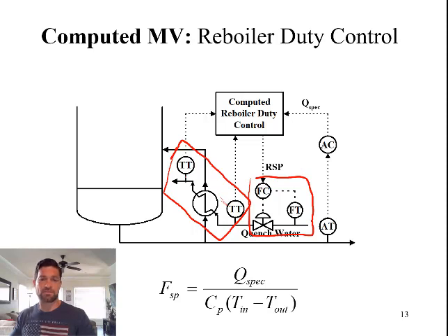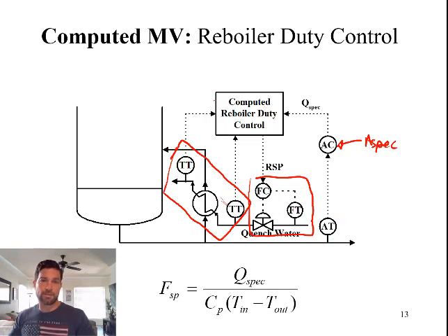So if we measure both of the temperatures, we know the flow of the quench water required to give the necessary heating. Again, for my feedback control loop, I need a specified flow. I want to note that we could just measure the temperature and open the flow, or we could just have a composition controller adjust the flow to keep the composition where it needs to be.